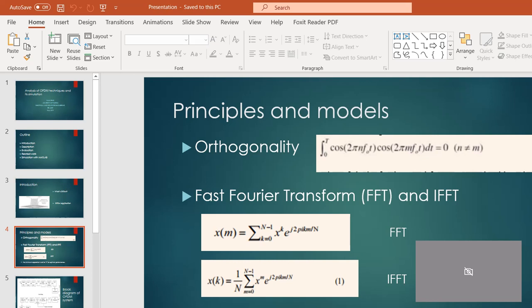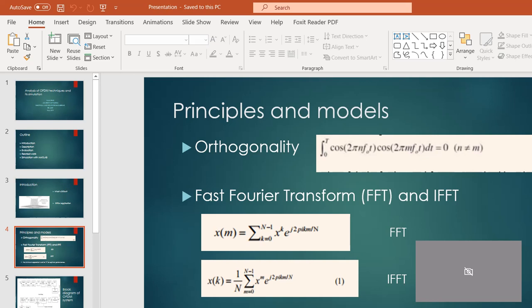We can learn about the orthogonality from the mathematical formulas here, where we usually integrate two sinusoids over a time period.